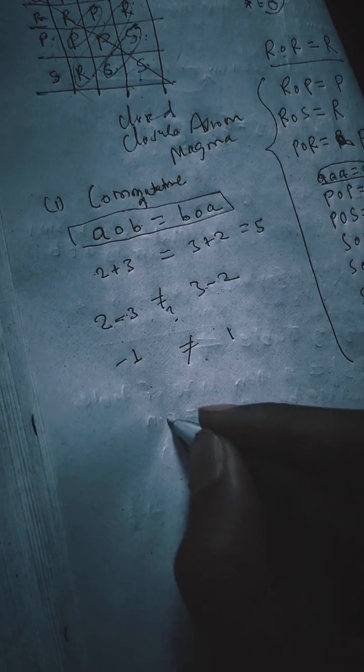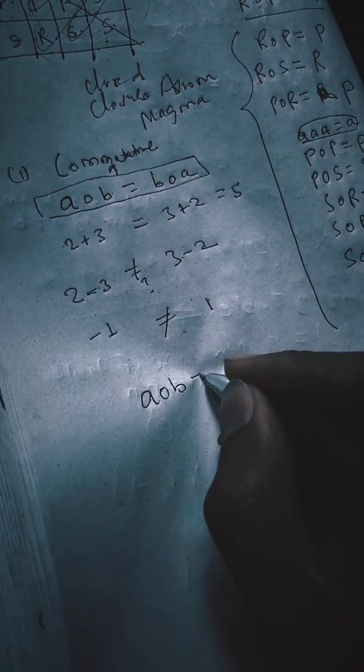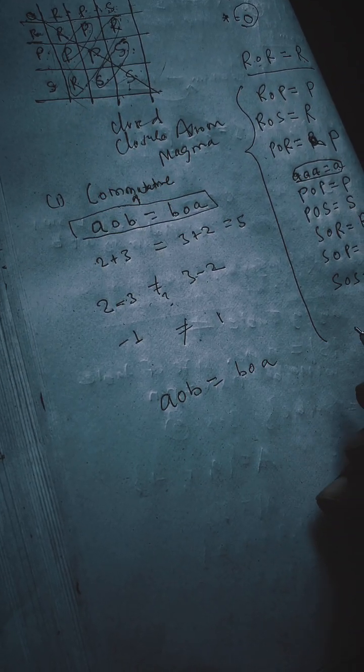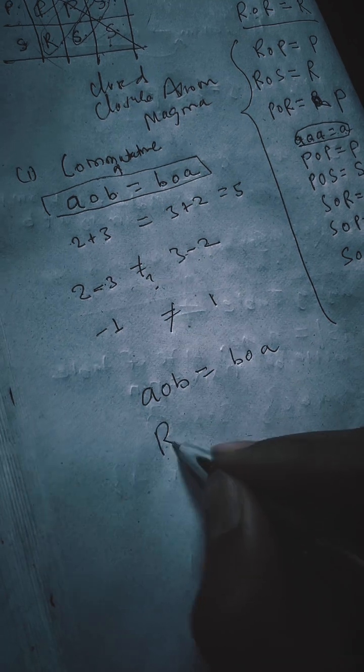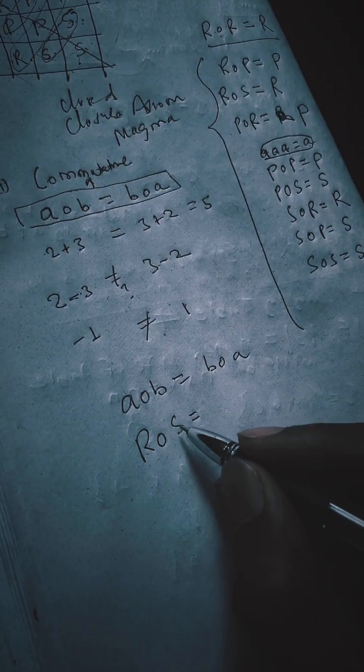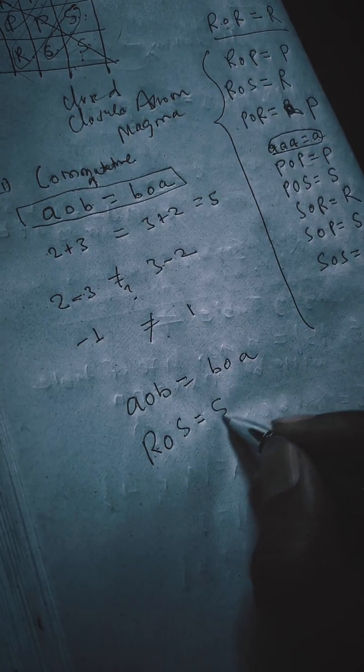So let's begin. I think we should do it on the paper. Now for the commutative property, we know A operate B must be equal to B operate A, right? So let's say R operate S. What is the answer? Well, among rock and scissor, the winner is scissor.